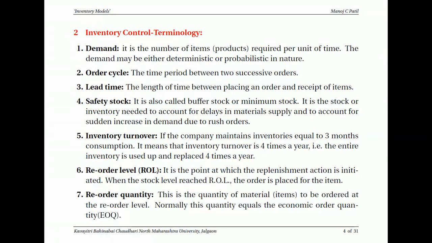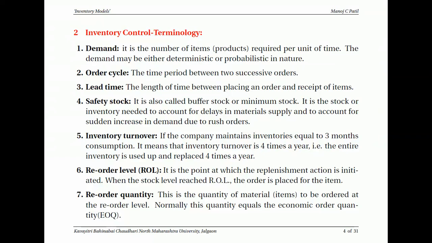Safety stock. Suppose he orders 100 kg, but the supplier tells him that he will deliver in 2 days. For those 2 days there must be some demand for ice cream, so he will keep some ice cream in a buffer stock, in a safety stock.